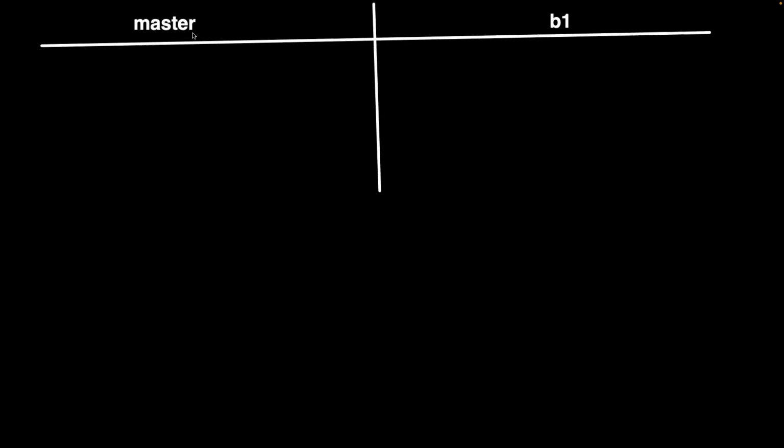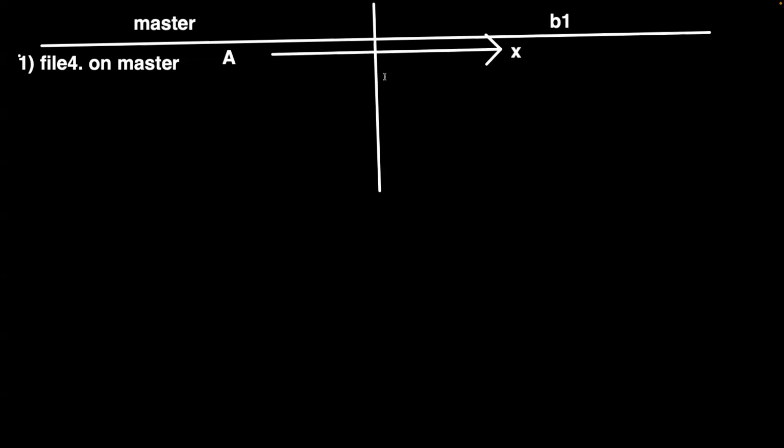Let's see what we did first. We went to the master branch. First step, listen here, follow this carefully. First step is we went to the master branch, created file4 on the master branch, and made some commit. Let's say commit A. Is this commit A available on the B1 branch? No, that is different.